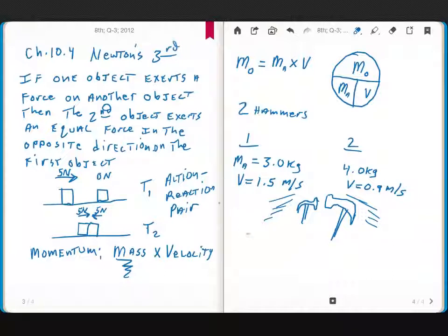Well, the way to figure this out is by realizing that momentum is equal to mass times velocity.